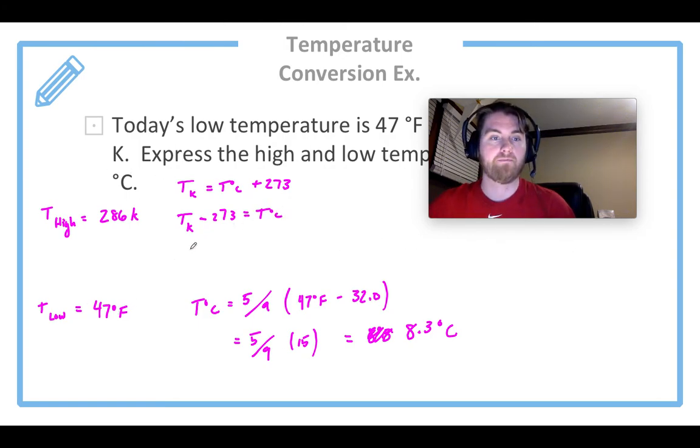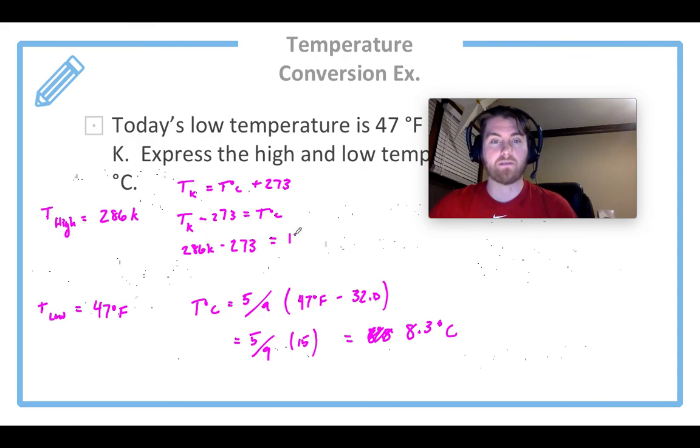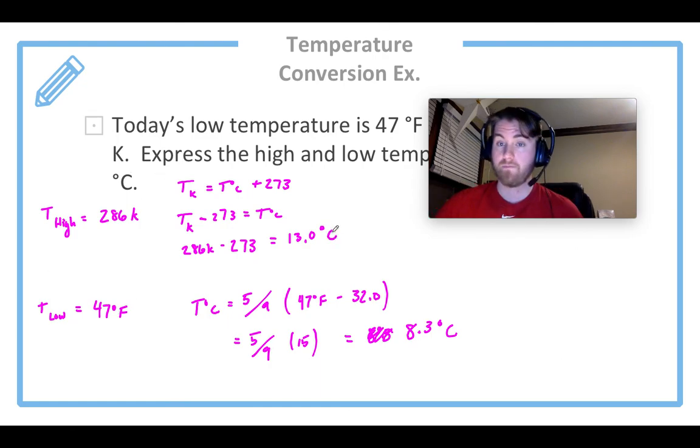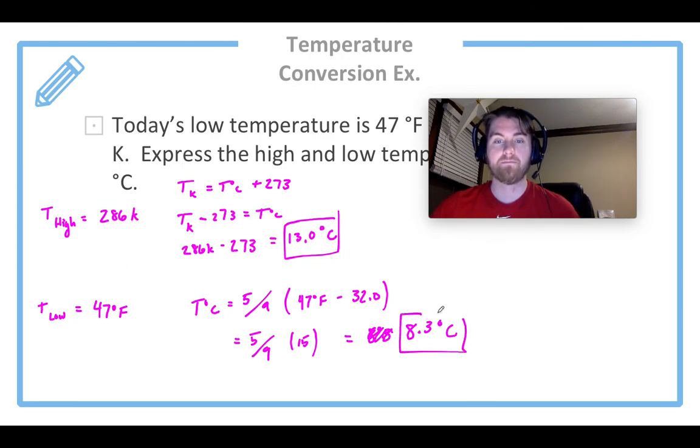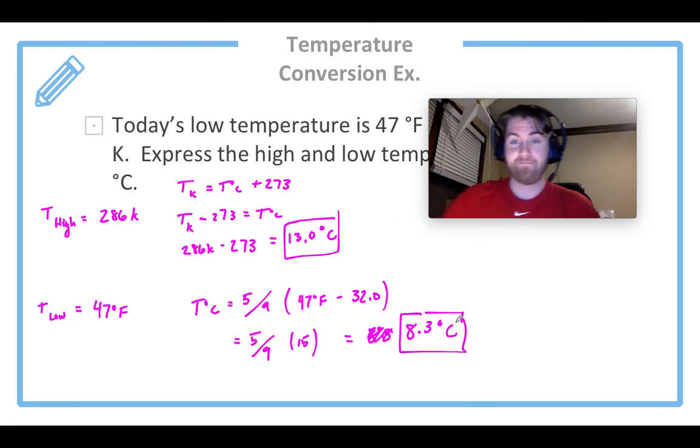Just plug it in: 286 Kelvin minus 273 equals 13, with 3 sig figs, 13.0 degrees Celsius. That would be my high temperature, and the other one would be my low. That's the change of the day.